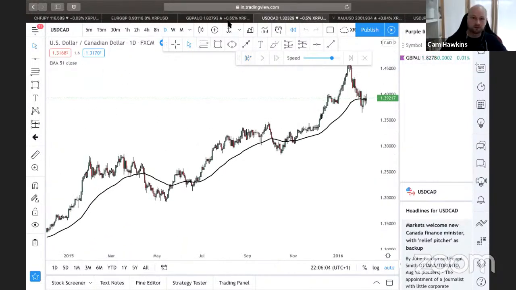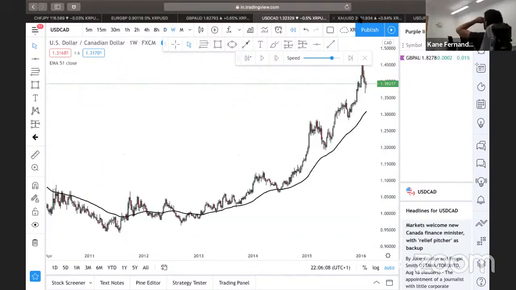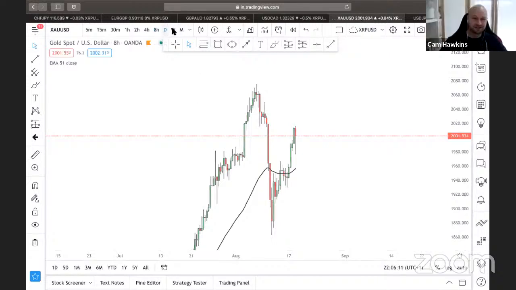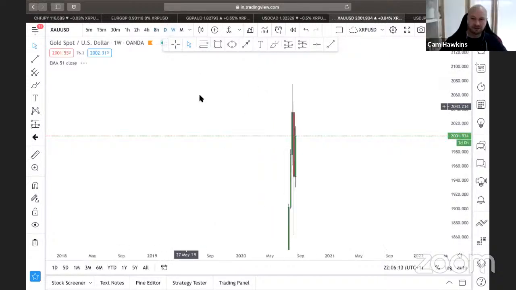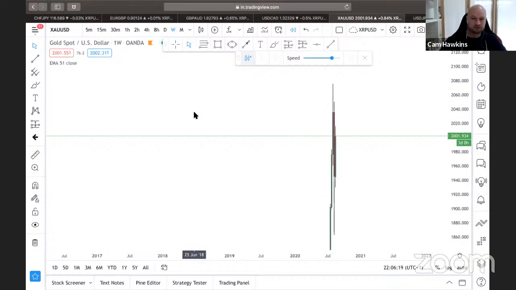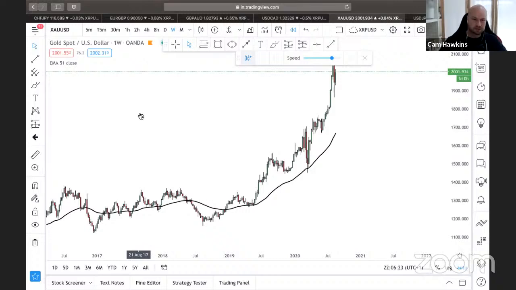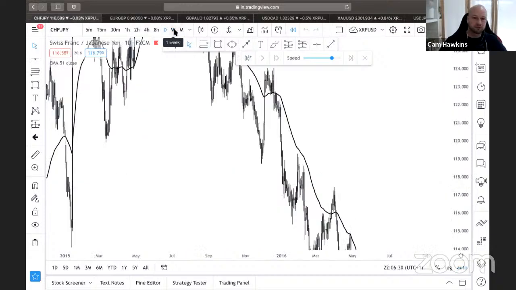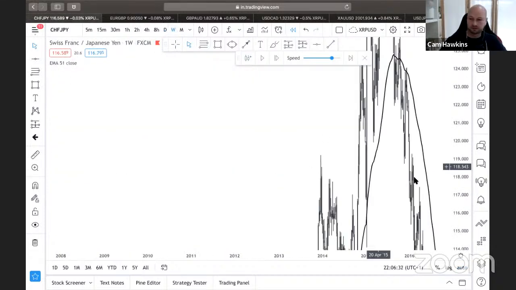Okay, so I'm going to set these to the weekly. This is a workout, keeping my elbows up like this. Okay, almost done. What's going on with this one? Now let me just finally go back to weeklies here for you.